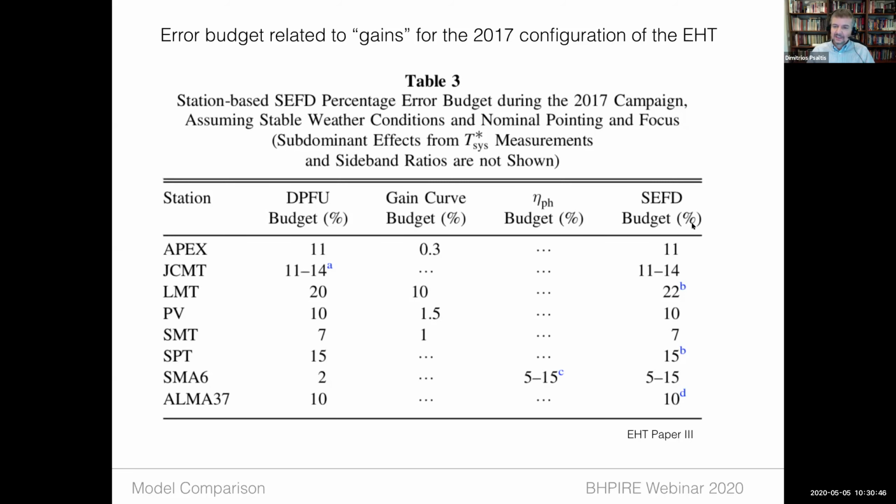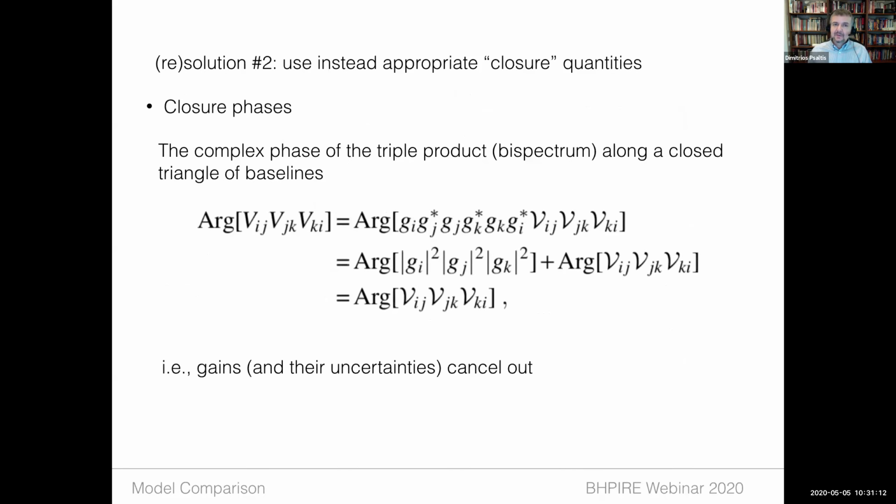We still have to be constrained by the accuracy of the calibration, which is of the order of 10, 15, 20% maybe per telescope. So when it comes to using the amplitudes of those visibilities, it is very useful to actually model the gains as part of your model itself, subject to the constraints of the error budget of the a priori calibration. But that's not the case for the phases, the complex phases of the visibilities.